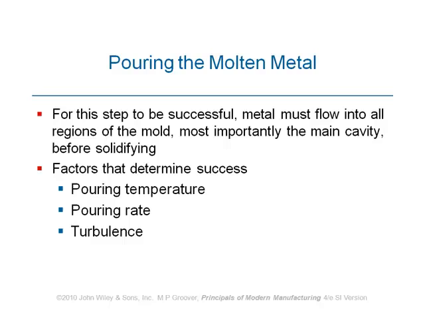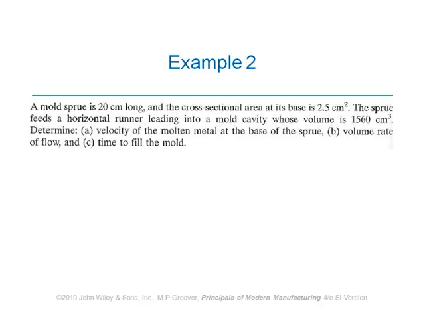Well, another example. Example number 2. This is a little bit more challenging, still simple, but anyway, we've got to think before doing the problem. A mold sprue. Which part of the mold is sprue? The conical part. The conical part is called sprue or down sprue.